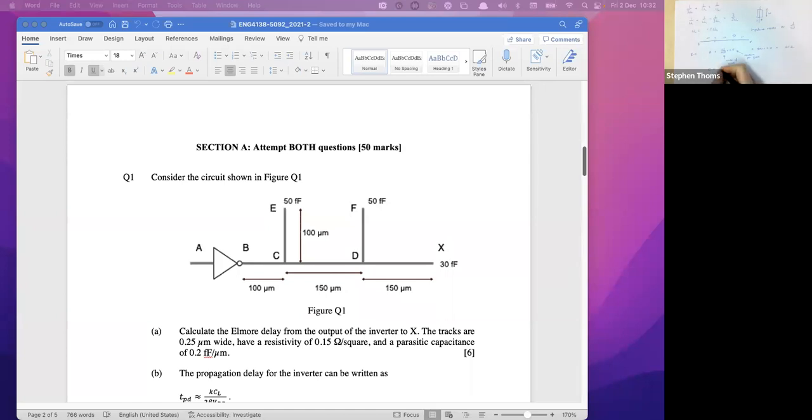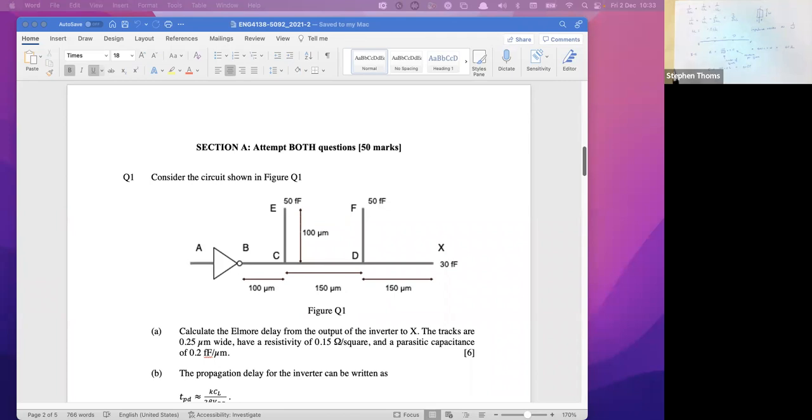So it's 100 microns long, multiply it by 0.2, so it's the length times the parasitic capacitance per micron, and that'll give you 20 femtofarads.